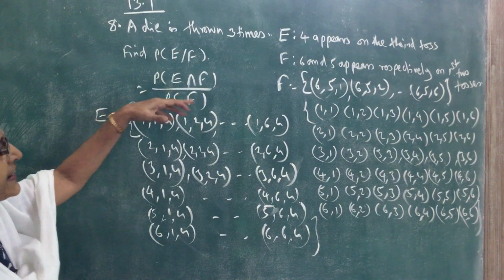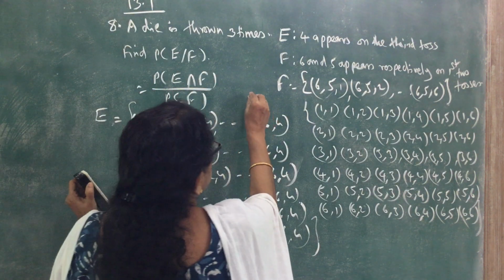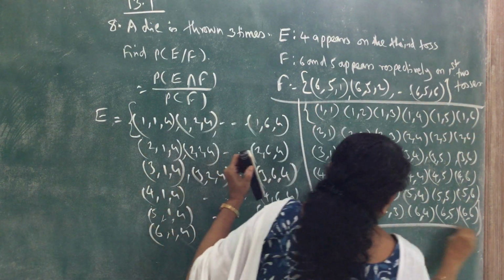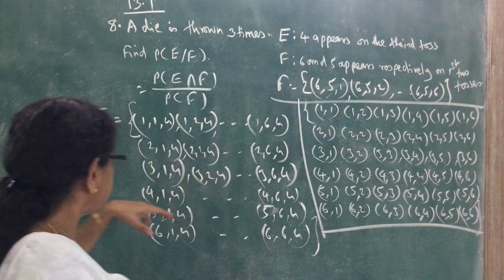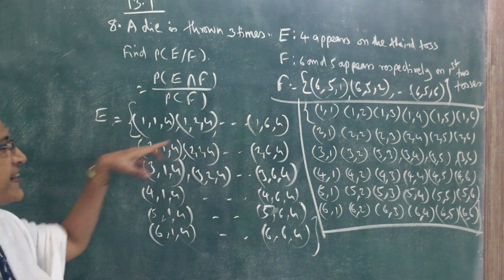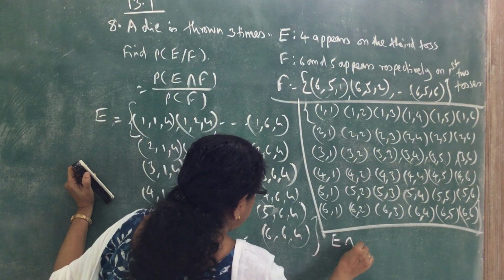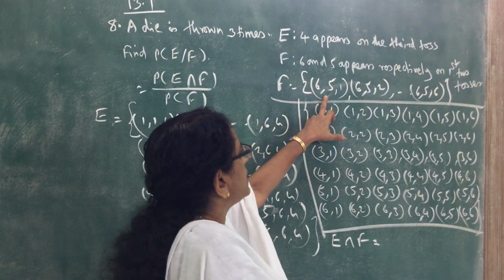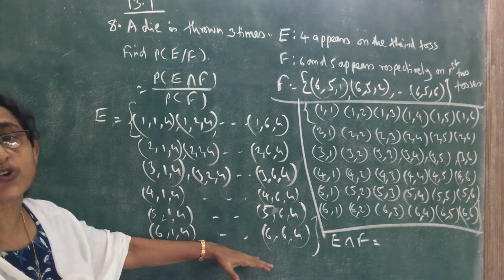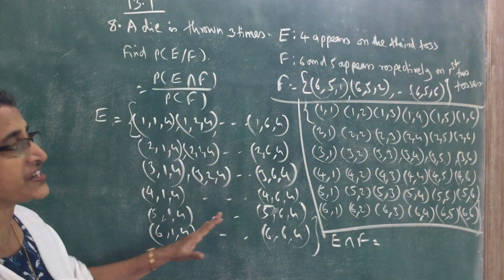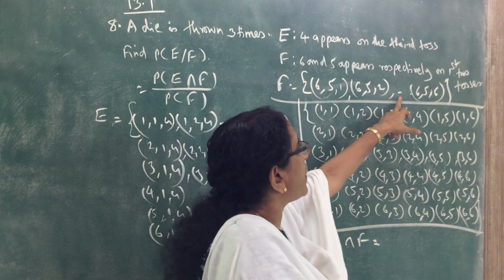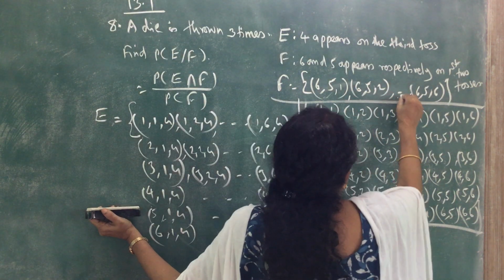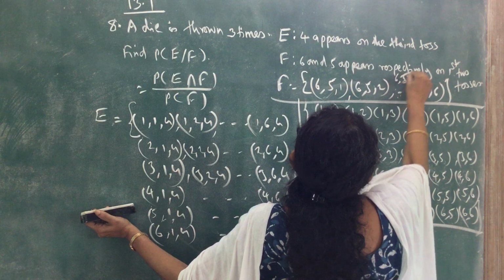Now we can write E intersection F. What are the common elements of E and F? In all these elements starting with 6, 5, 4 appears on the third toss only in one element, 6, 5, 4.